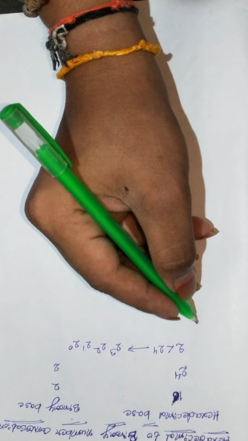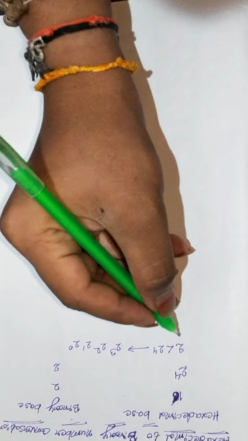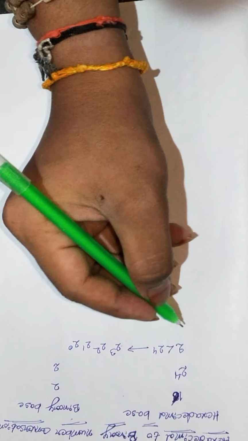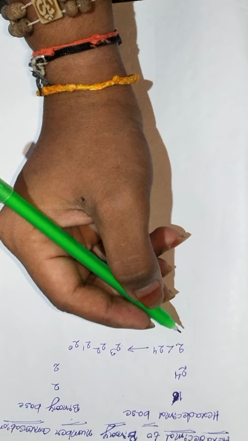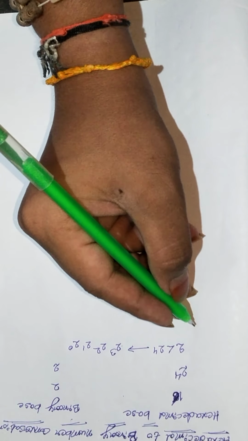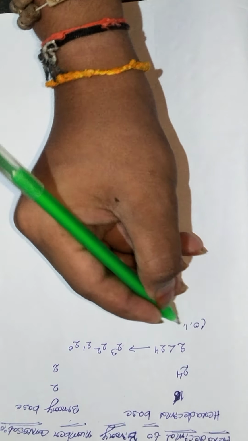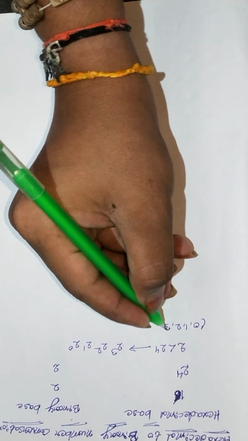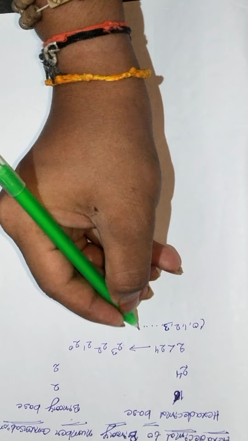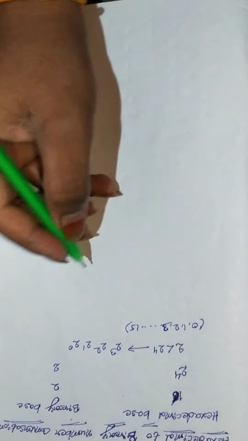Here the table is here. Hexadecimal maximum number of values is 16. That is 0, 1, 2, 3 and so on up to 15.